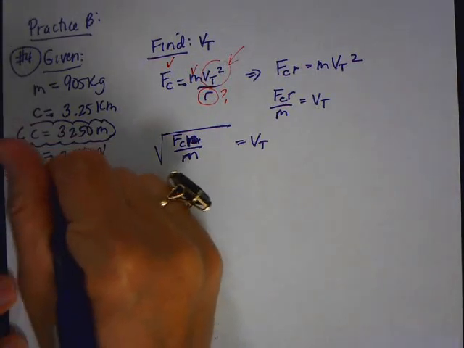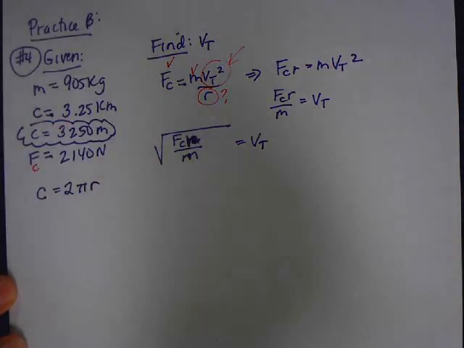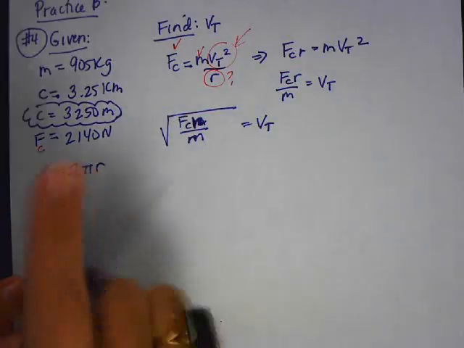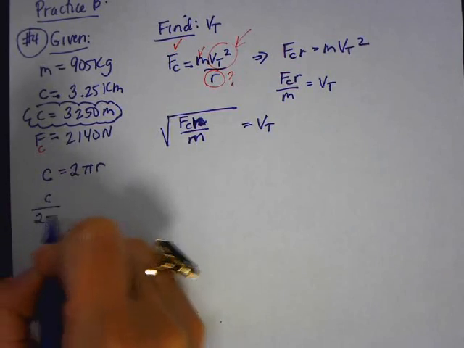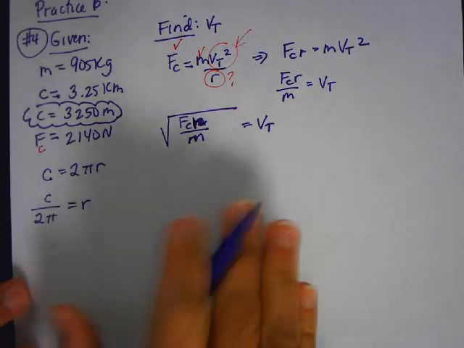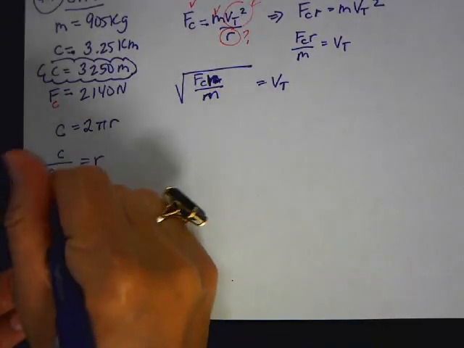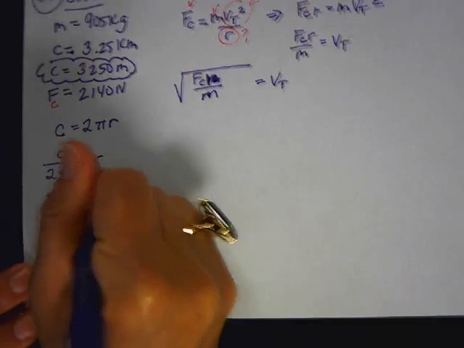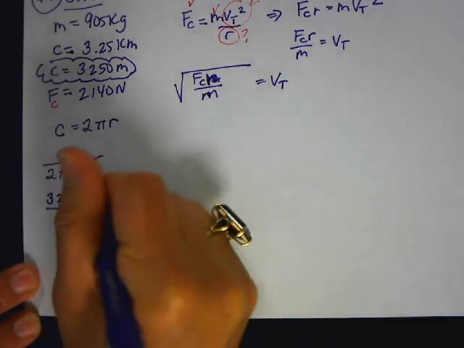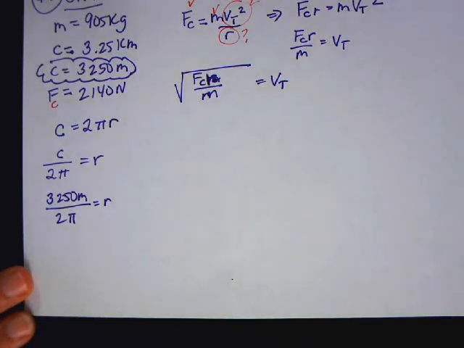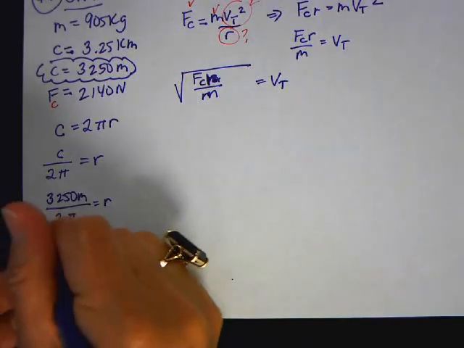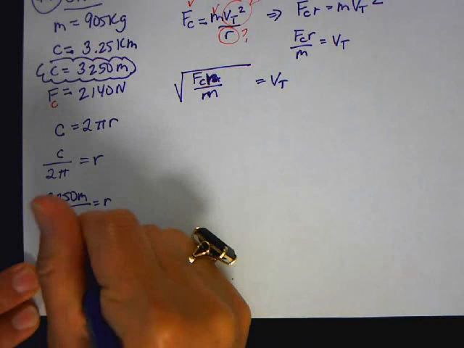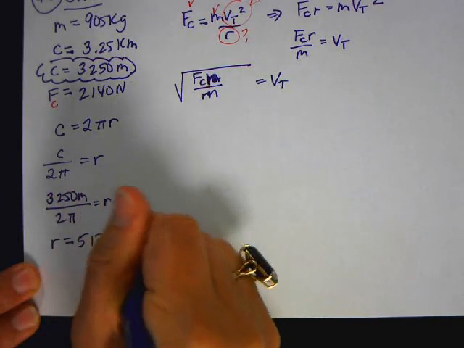I know the circumference is equal to 2 pi r. So now I'm going to rearrange this equation and say circumference over 2 pi is equal to r. So the circumference is 3250 meters divided by 2 pi, and that's going to give me my radius. When I do that on my calculator, the radius comes out to be 517.5 meters.